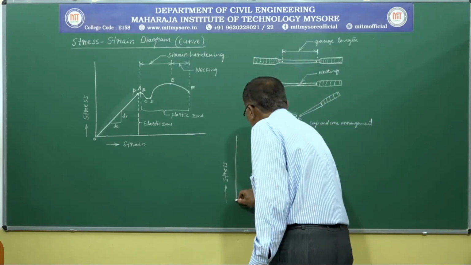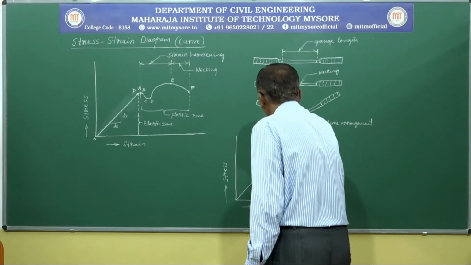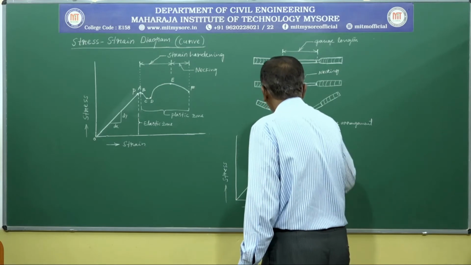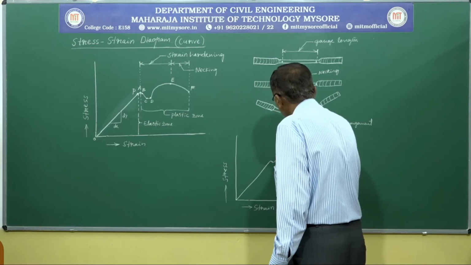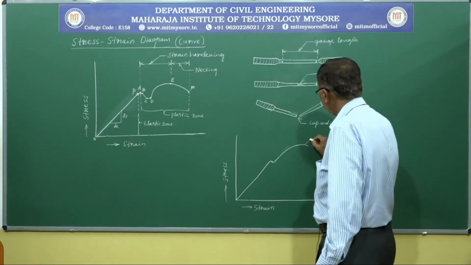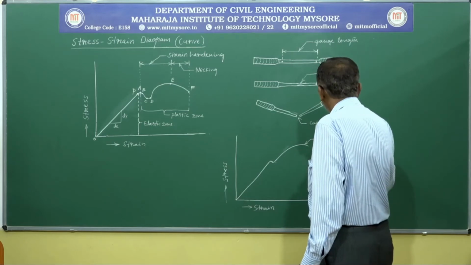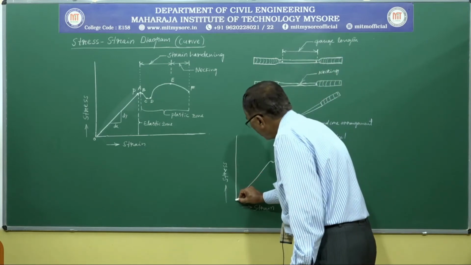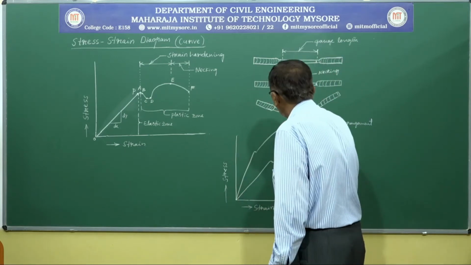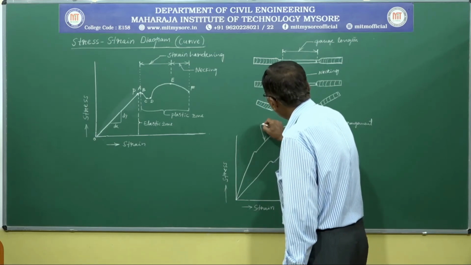The one we already did is for mild steel, a ductile material, and it may take shape like this. This curve is for high carbon steel.